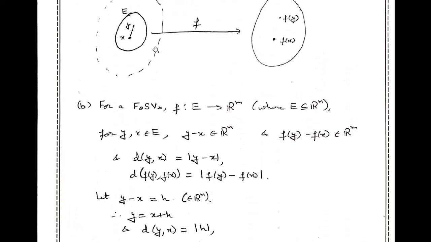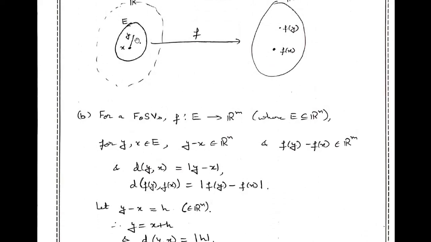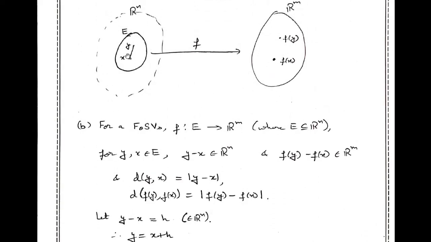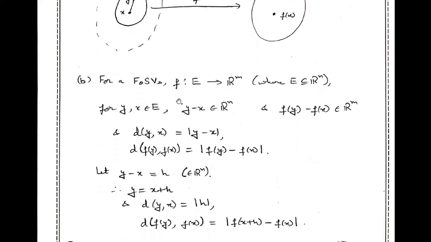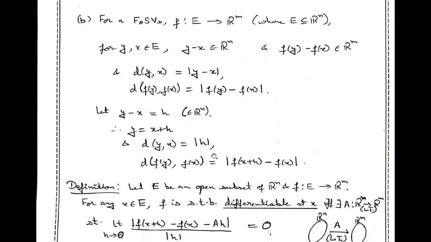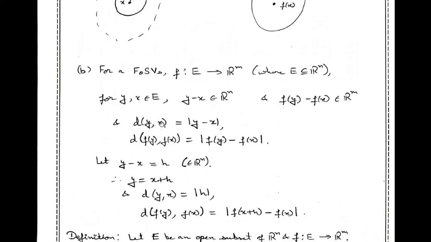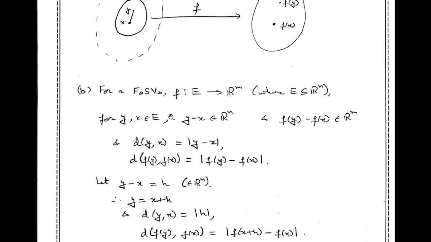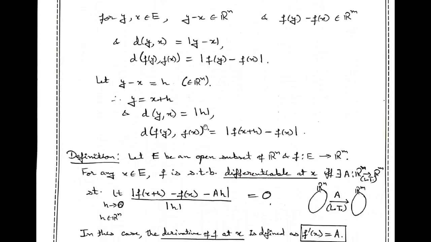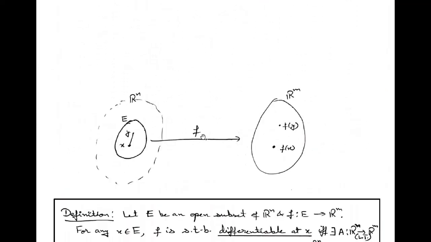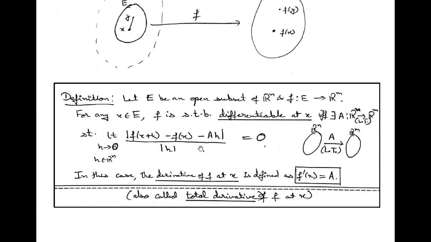We are going to use this because we will consider differentiation of function f at point x in terms of some neighboring point y with distance norm h, such that this y remains in E. Therefore h and its norm, the distance of the neighboring point y from x, is important and will play the role in the definition.